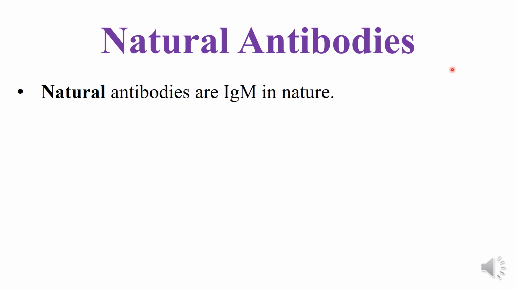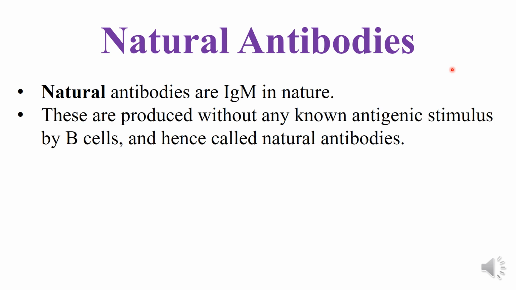Immunoglobulin M is also known as natural antibodies. Now let's understand this. Natural antibodies are produced without any known antigenic stimulus by B cells, and hence they are called natural antibodies. So you know that our body starts making antibodies after stimulus from a pathogen which has antigens.